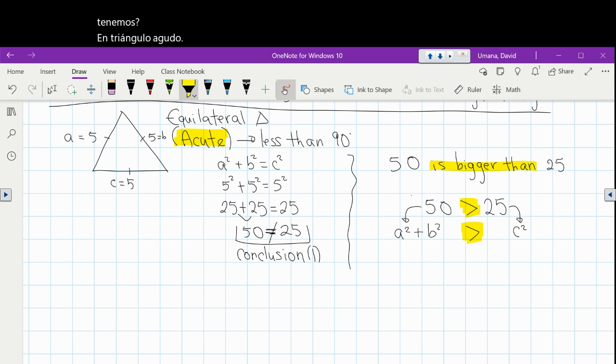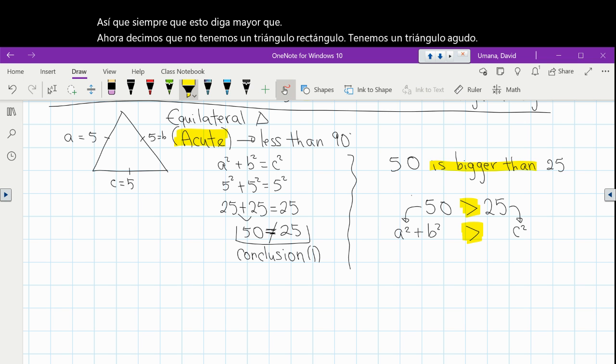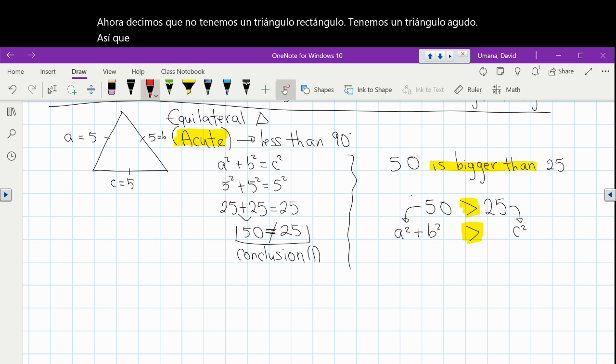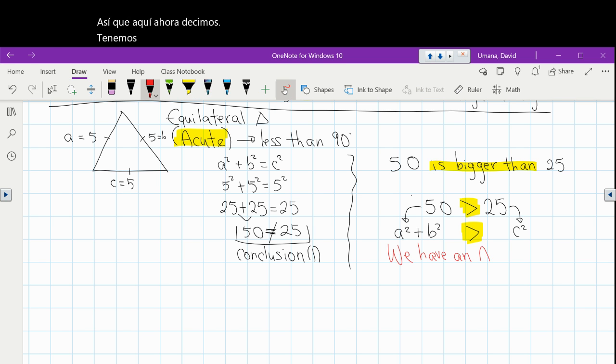So whenever this says greater than, we now say that we don't have a right triangle, we have an acute triangle. So in here, we now say we have an acute triangle because it's greater than.